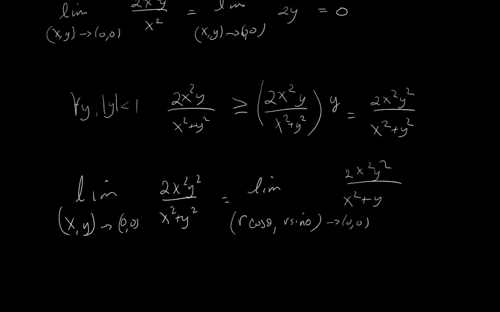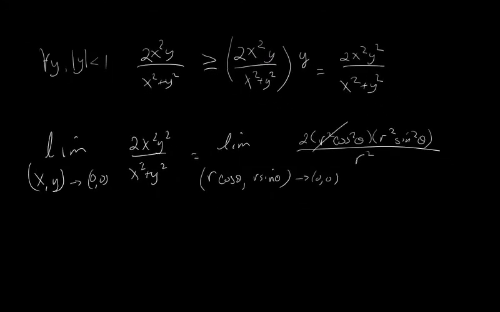I need to change those coordinates. So that's going to be 2 times r squared cosine squared theta times r squared sine squared theta divided by r squared. There we're going to be able to cancel one of those r squareds, and that's equal to the limit as (r cosine theta, r sine theta) goes to (0, 0) of 2 r squared cosine theta sine theta.